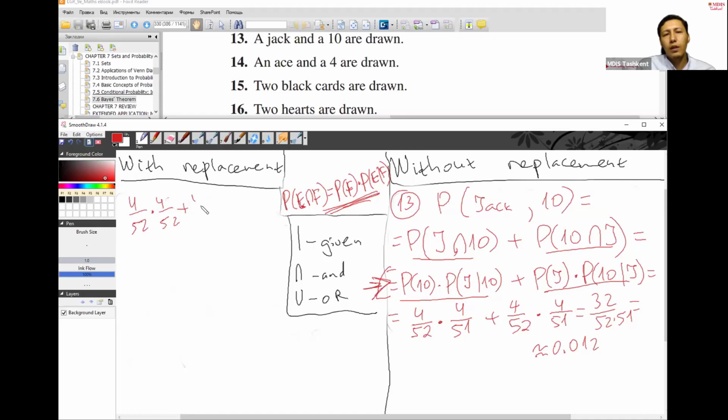Number of cards, number of jacks and number of tens will be the same. So you get this value, 32 out of 52 squared. That's 0.0118.